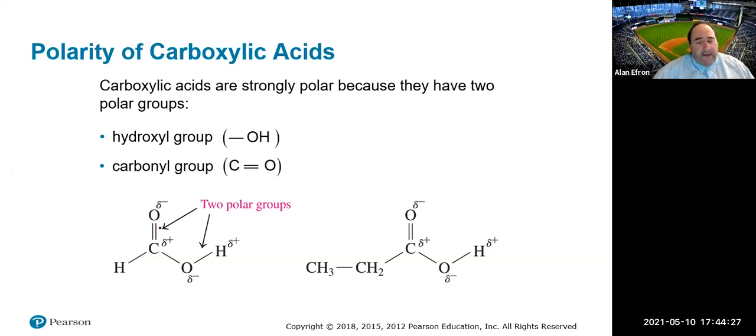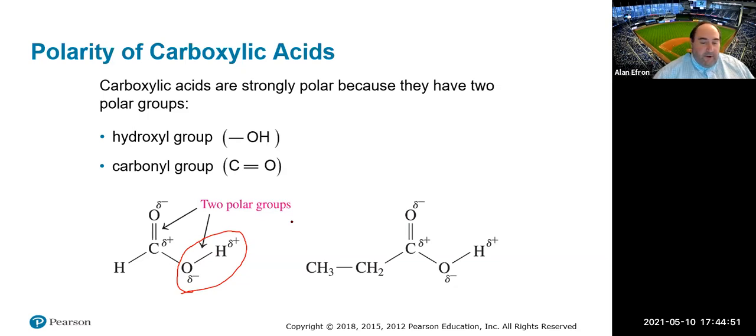Unlike a lot of organic compounds and functional groups, in addition to that group, the carboxylic acid also has another very polar group, which is the OH part. That OH part is the same sort of thing that we see in water, also a polar bond between the oxygen and the hydrogen, being more negative on the oxygen and more positive on the hydrogen.